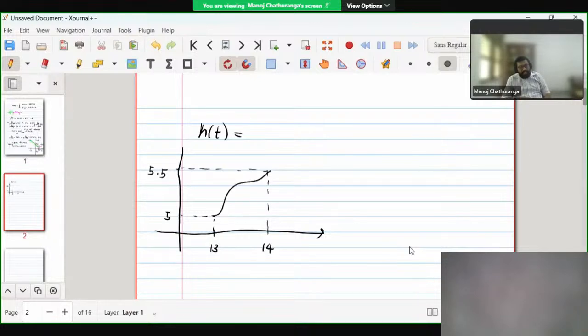It changes continuously. So if I choose 5.2, there should be a day in between her 13th birthday and 14th birthday. There should be a day on which her height is 5.2.